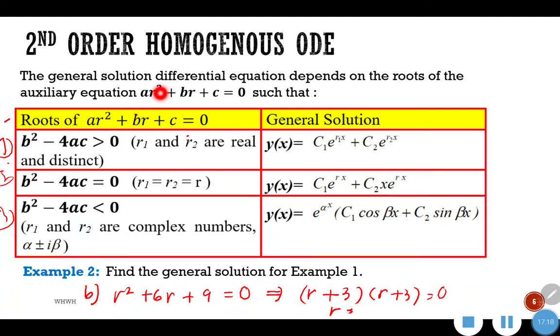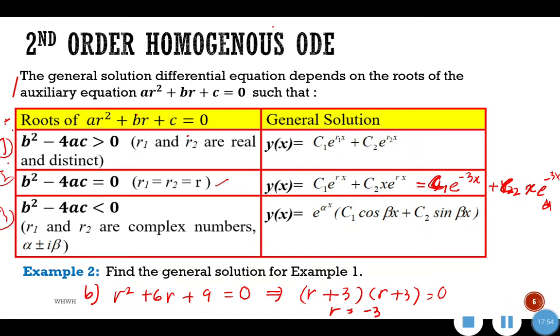Because we have only one root, which is negative 3, but this root is repeated twice. So the solution for the second order homogeneous ODE for B will be y equals c1 e to the power of negative 3x plus c2 x e to the power of negative 3x. Right? Very simple.